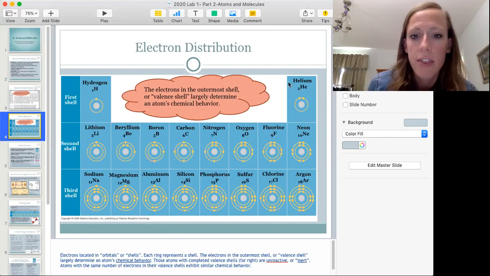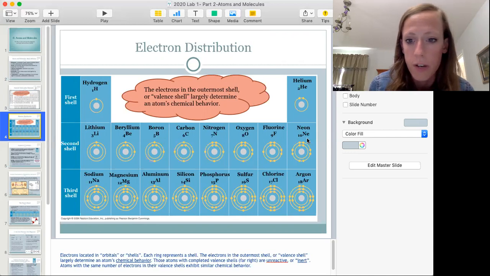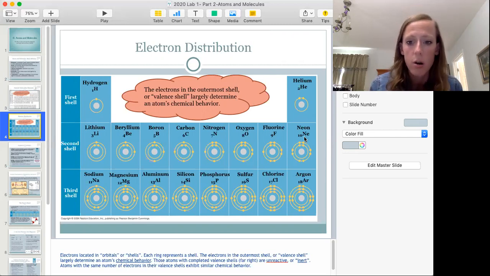So I had said that the first shell holds 2 electrons. The second shell, if you look here, lithium, beryllium, boron, and so forth, over to neon, this second shell can hold up to 8 electrons. And so if it has all 8, it's going to be inert, unreactive, right? But if it has 7, it has an almost full valence shell.